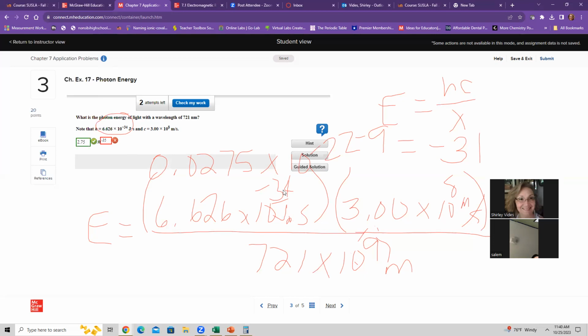Because negative 34 plus 8 gives me negative 26 plus negative 9, that's negative 35. Oh, I know what I did. I changed nanometers to meters, not meters to nanometers like the last time. So I did that backwards. That should be negative on the bottom.